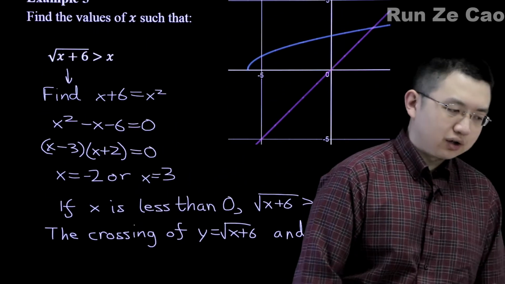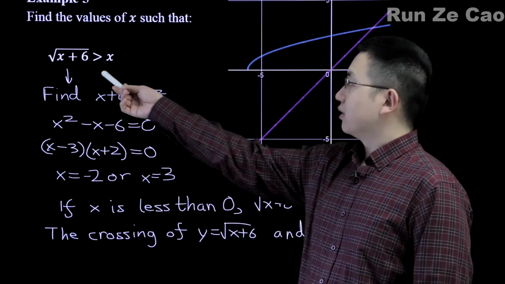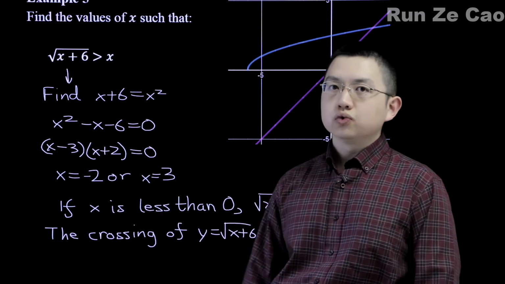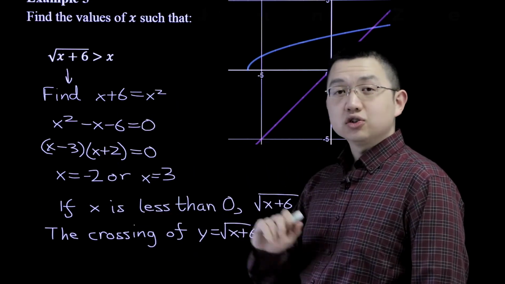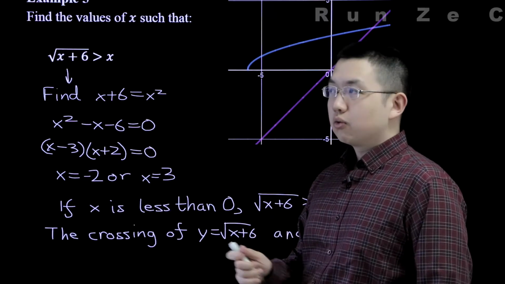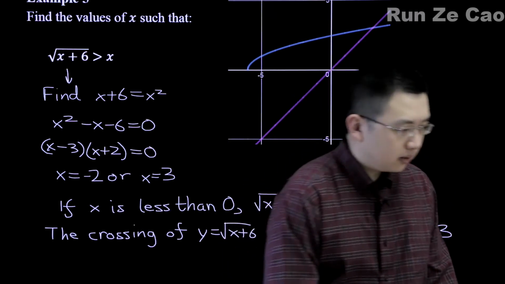So, what are we actually looking for? We're looking for where this relationship is true. That means the equality is not where we're actually going to stop. We're going to stop just before that.